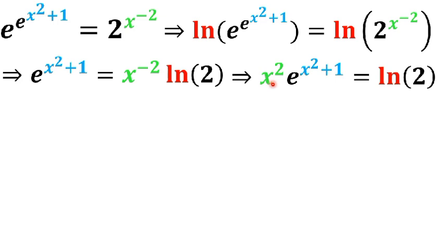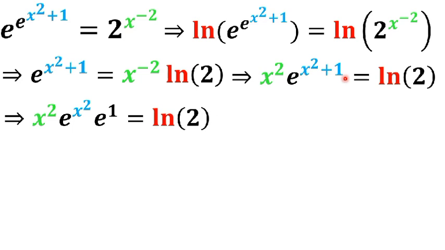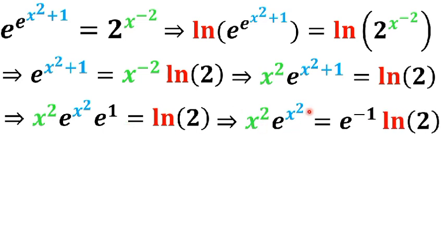Of course, the easiest one to do is to remove this plus 1 here, right? But let's recall that this x squared e raised to the power x squared plus 1 can be written as x squared e raised to the power x squared multiplying e raised to the power 1. So at this point, if we multiply both sides by e raised to the power negative 1, we have x squared e raised to the power x squared equals e raised to the power negative 1 times ln 2.